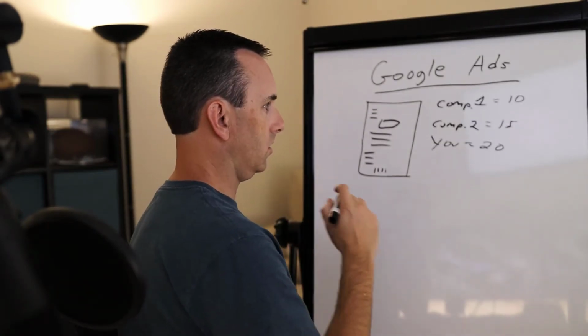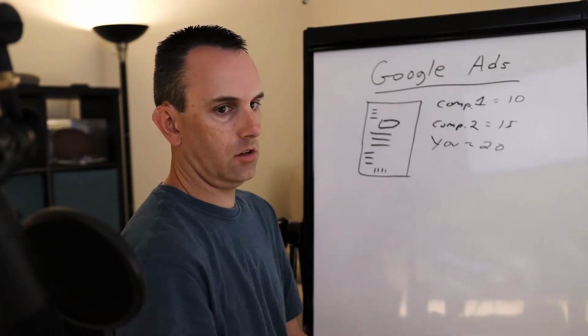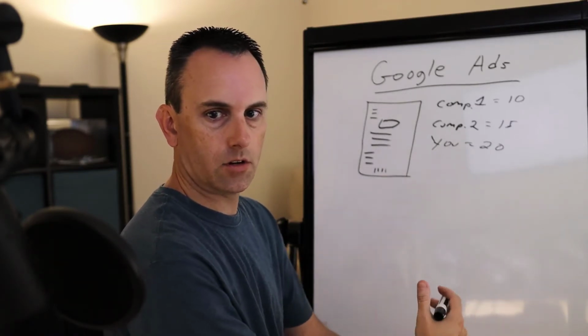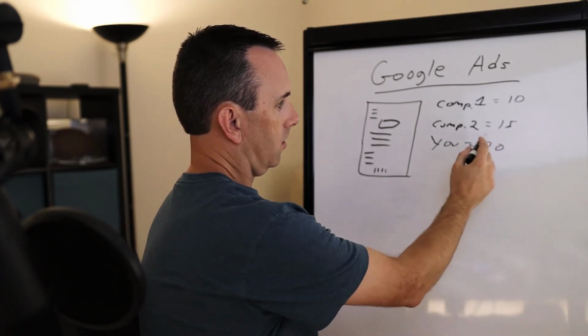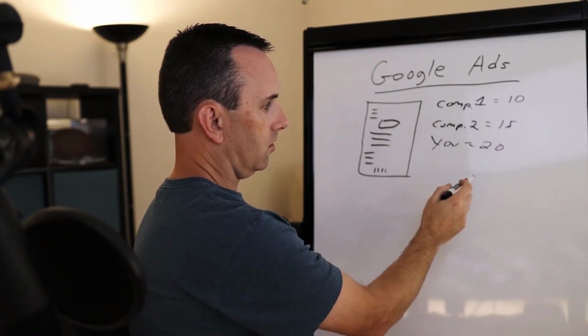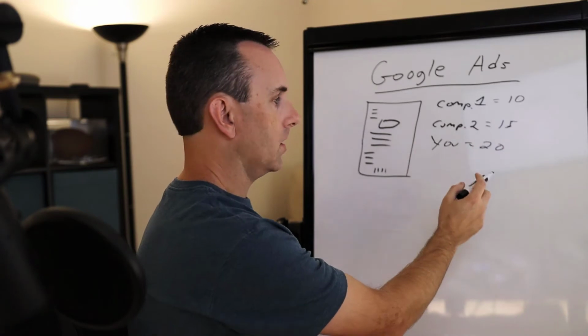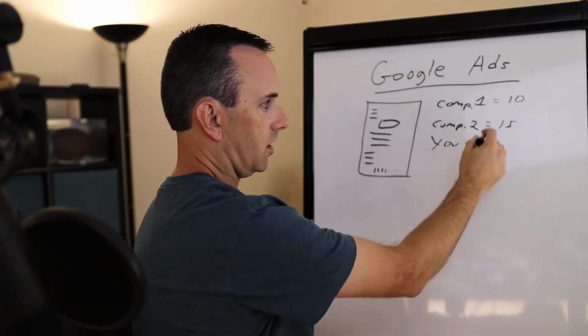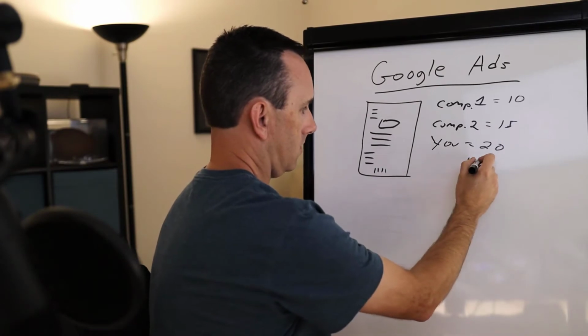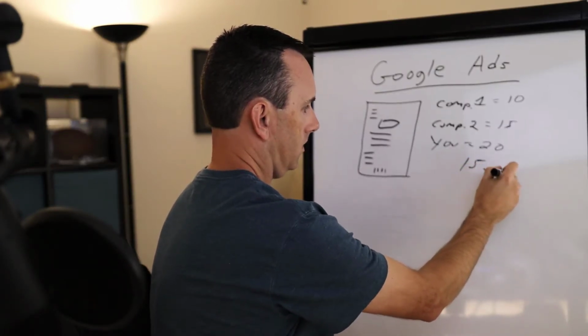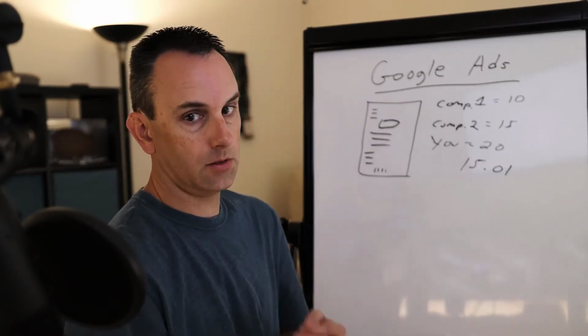Now, the way this works is whoever wins the auction pays 1 cent higher than their competitor. So, for example, you're bidding $20 and competitor 2 is bidding $15. You're going to win the auction because you're the highest bidder, and you're going to pay $15.01 for that placement.